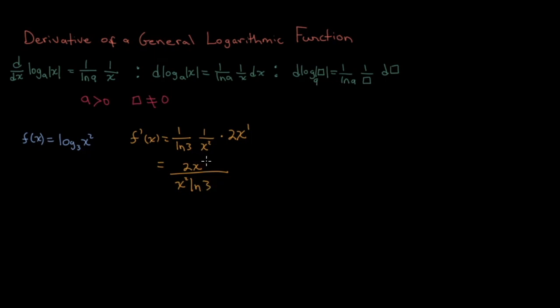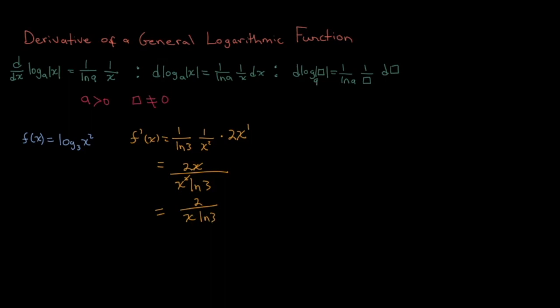And we can simplify this even further too, because the x's cancel out. So this x cancels with that x here. And so we can further simplify this to 2 over x ln 3. And that would be the answer for this derivative here.